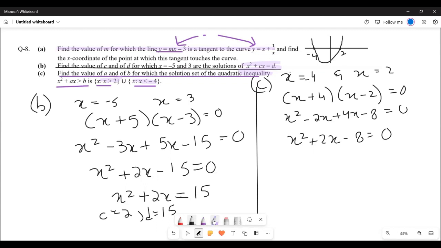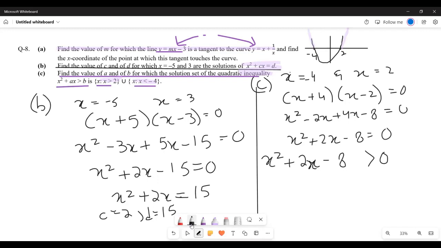And it says the solution is less than -4 here and greater than 2, which is here. So here the values are positive. The graph is positive, so we write greater than 0. x squared plus 2x minus 8 is greater than 0. So now rearrange it in the required form. x squared plus 2x greater than 8. A equals 2. B equals 8.